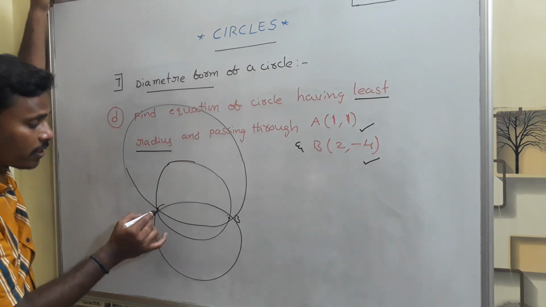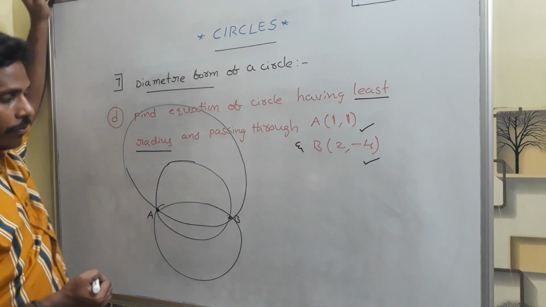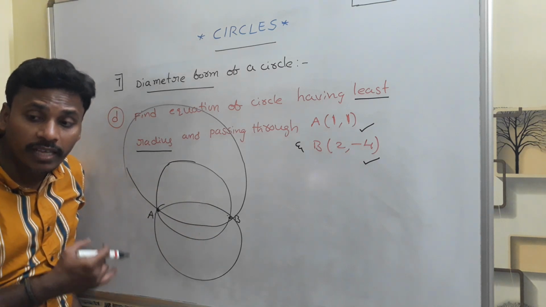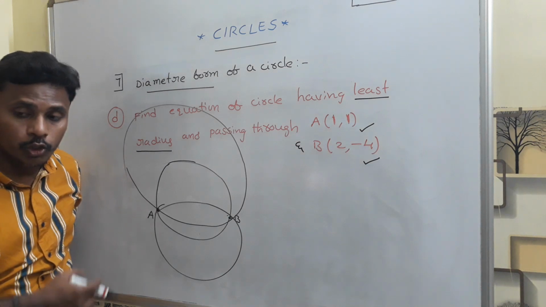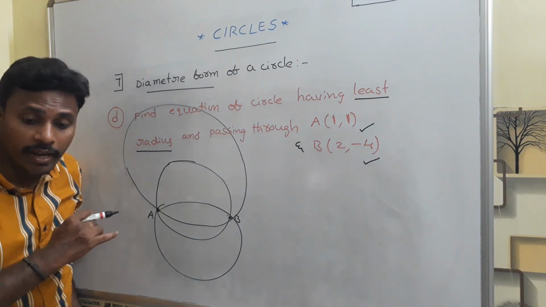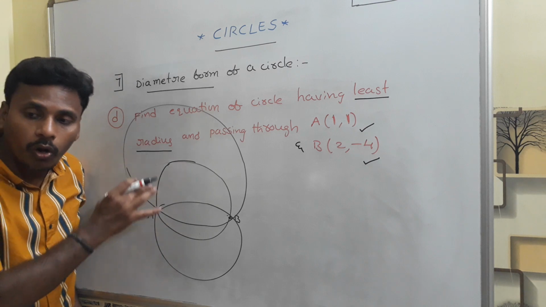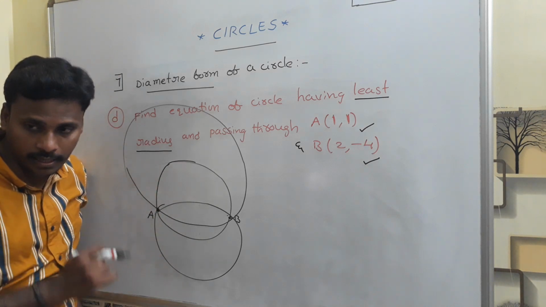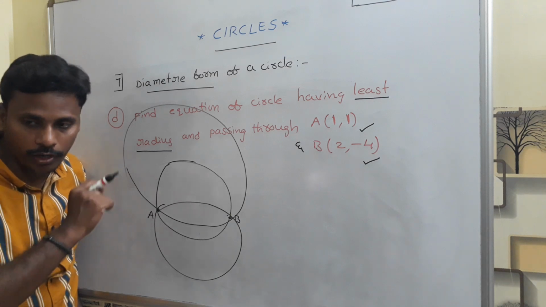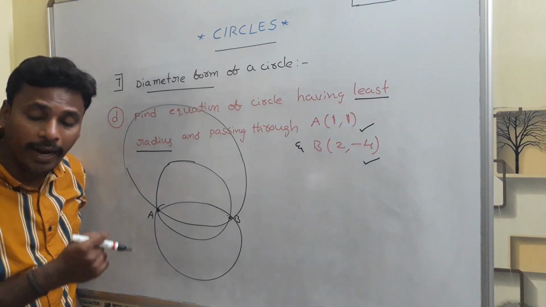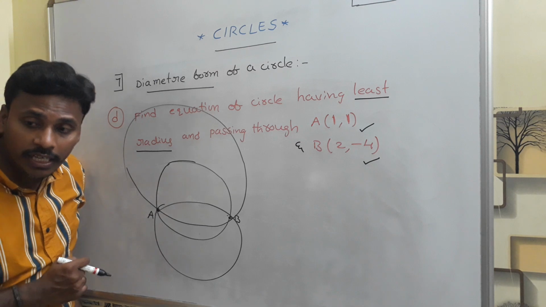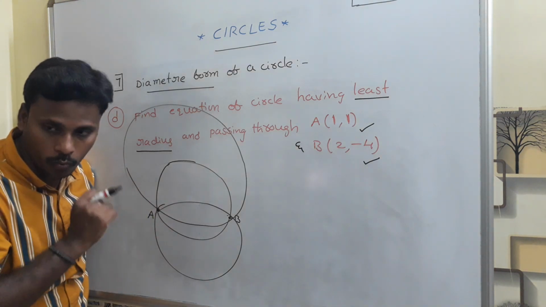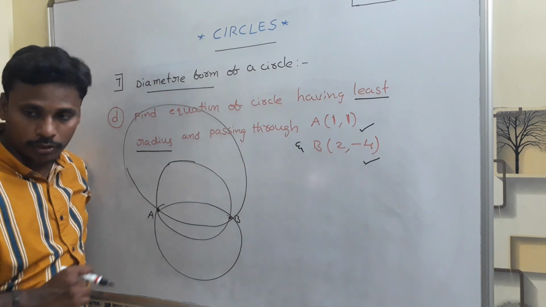So passing through these 2 points A and B, there exist infinite number of circles. Among all those infinite circles, our task is to find the circle having least radius. So how to find that particular circle having least radius passing through these 2 points? That's our task now.